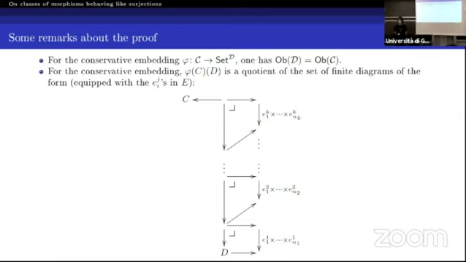Can you give an idea of why the full embedding theorem corresponds to requiring the morphisms to be regular epis?